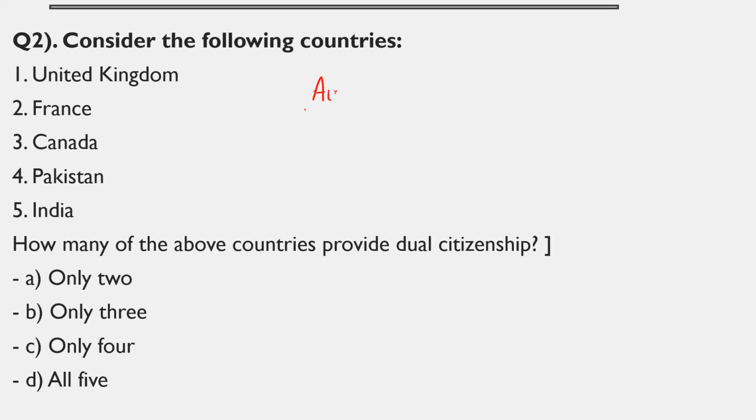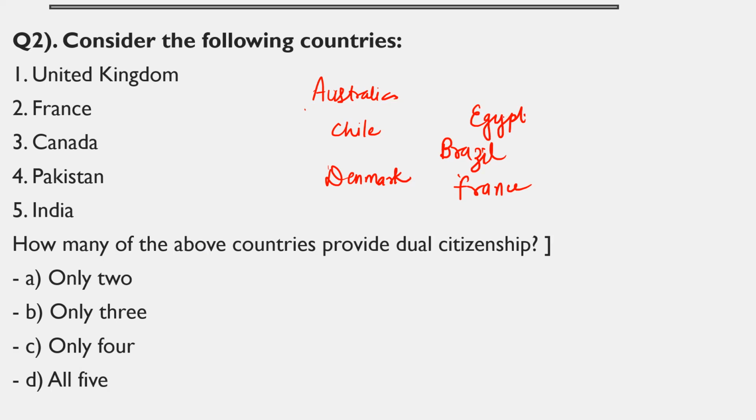Let me give you some examples: Australia, Chile, Denmark, Brazil is also a part, France, Egypt, Pakistan, Venezuela, USA, UK, Canada.